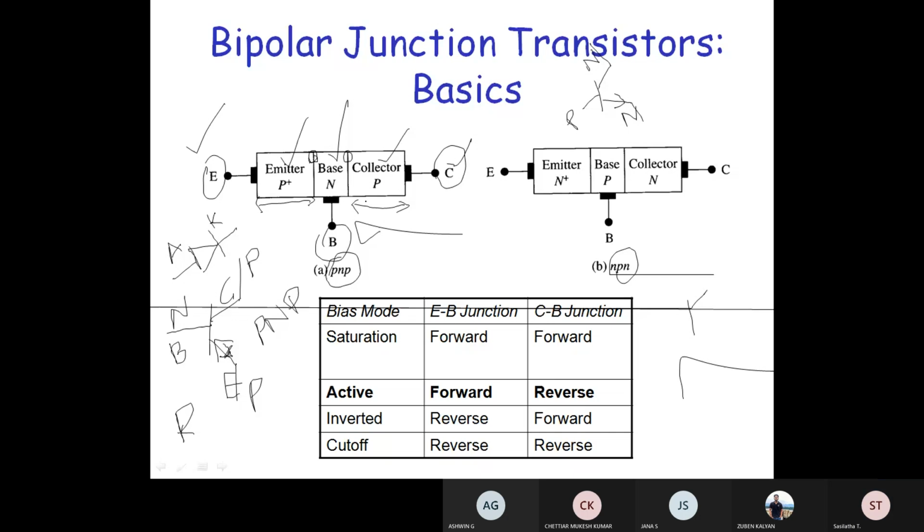Am I correct? Why can we say that it's a combination of two diodes? See, it's a PN. Here it is P, this N. Then this side, another one. This is PN. This is PN.